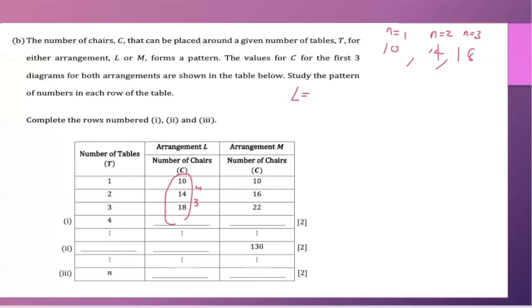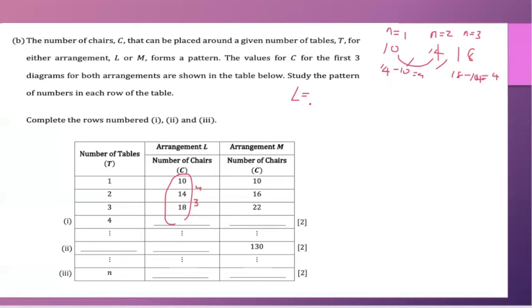These are the number of chairs I would have when n equals 3, meaning I have 3 tables. Now I have to figure out the pattern. I am seeing that the difference between these is 4. 14 minus 10, that's 4. And 18 minus 14, that's 4.